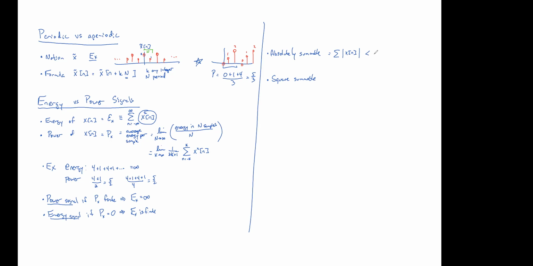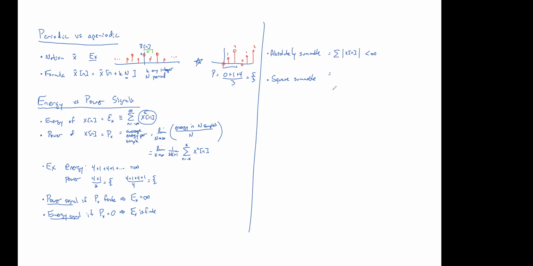And that just means that if you take the sum of the magnitude, the absolute value of your signal, if it's finite, it's absolutely summable. So a periodic, non-zero periodic is not absolutely summable. So that means it's going to be a power signal. A finite length signal will be always absolutely summable.